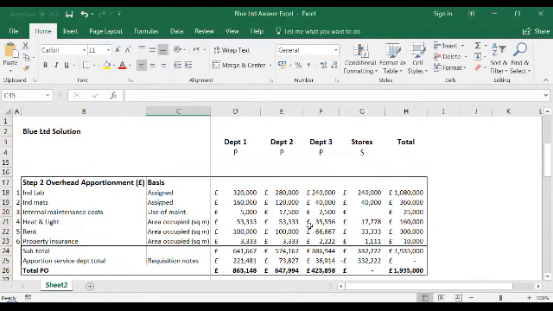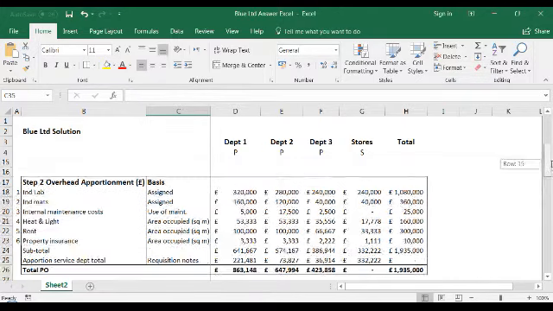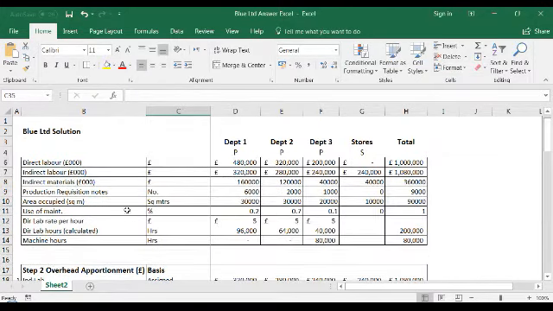Now heat and light, so we were given 160,000. We are going to distribute it among the four departments on the basis of area occupied, that is in square meters. That information is given for each department. So what we should do is total the area and then find the proportion.